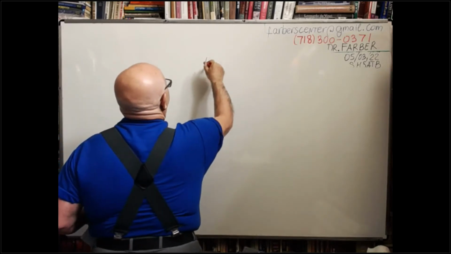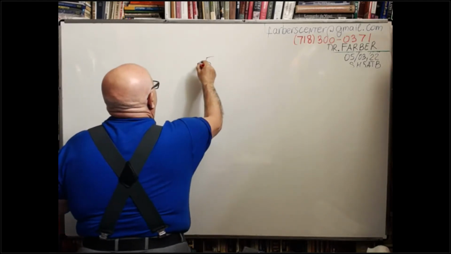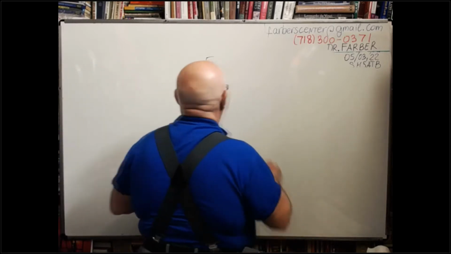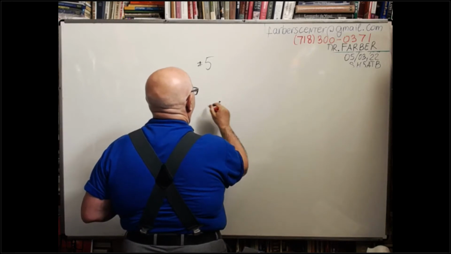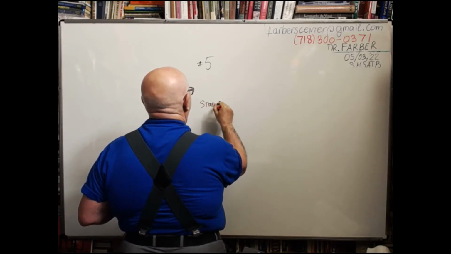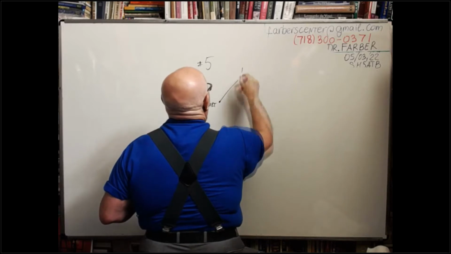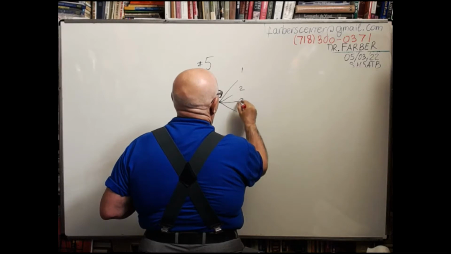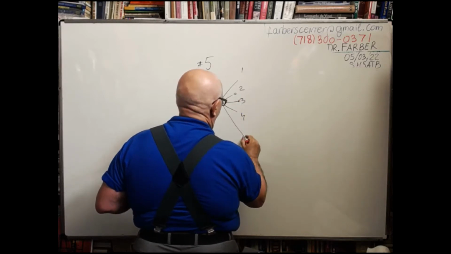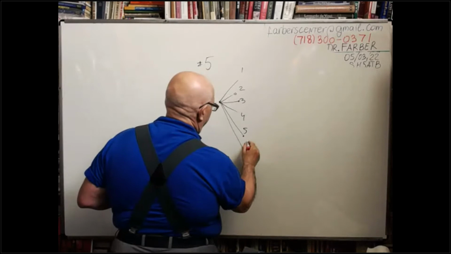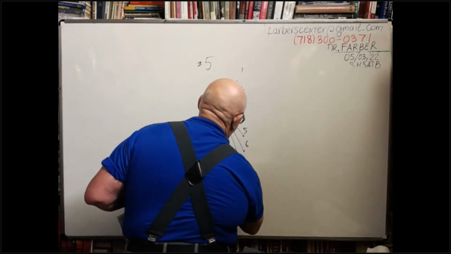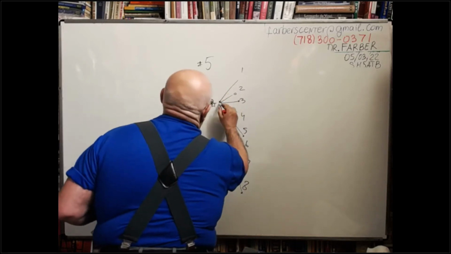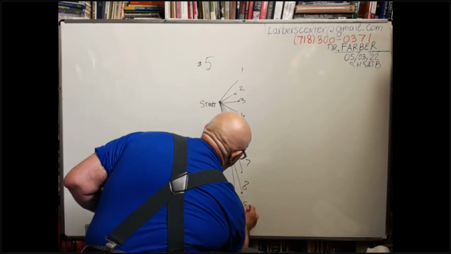Number 5. What did they say? A number between 1 and 10 is chosen twice. So the first time you have either 1 or 2 or 3 or 4 or 5, 6, 7 or 8 or 9 or maybe 10.